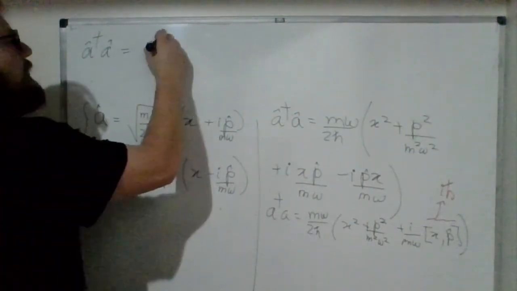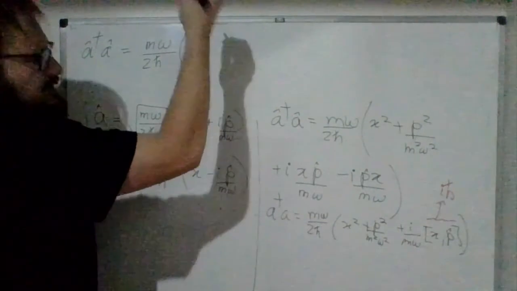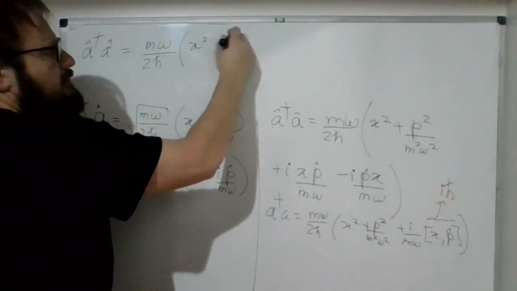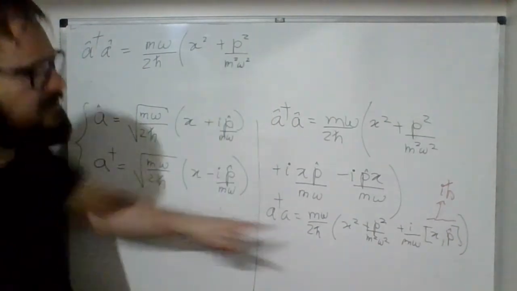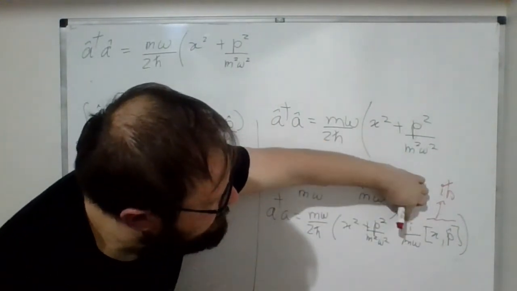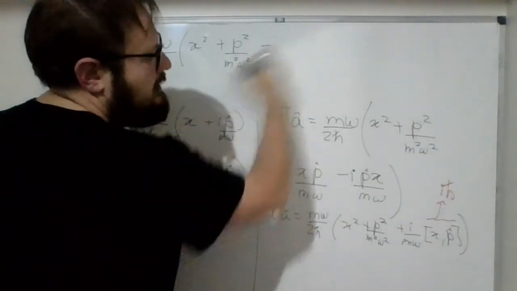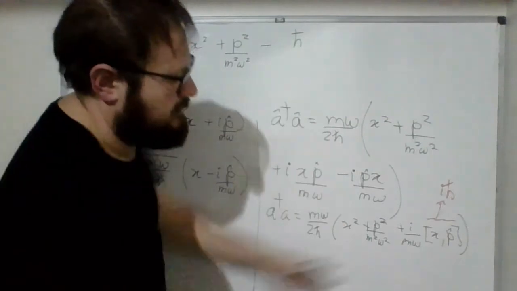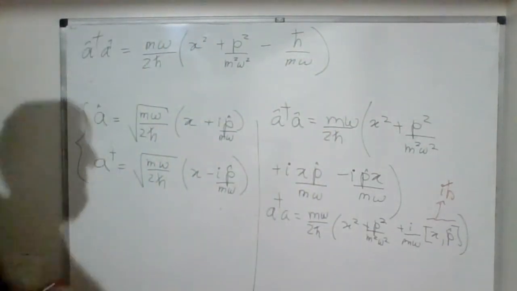It will become m omega divided by twice the h bar, x squared plus p squared divided by m squared omega squared. This imaginary unit with this imaginary unit will produce a minus 1 h bar divided by m omega. All right, this is it.